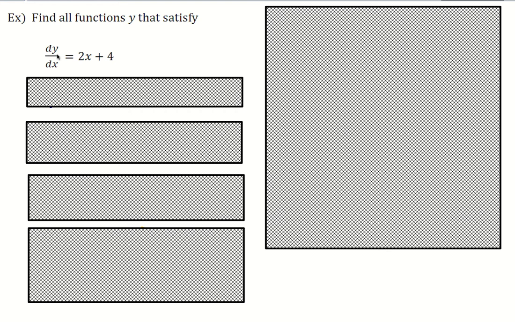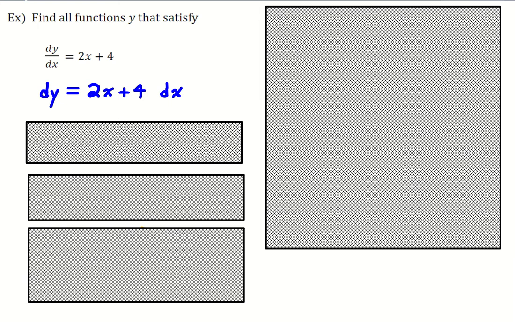You had f prime and you needed f, or you were given dy dx exactly like this and you needed to figure out y, or you were given the velocity function and you needed to find the position function. How do we go from dy dx to y?